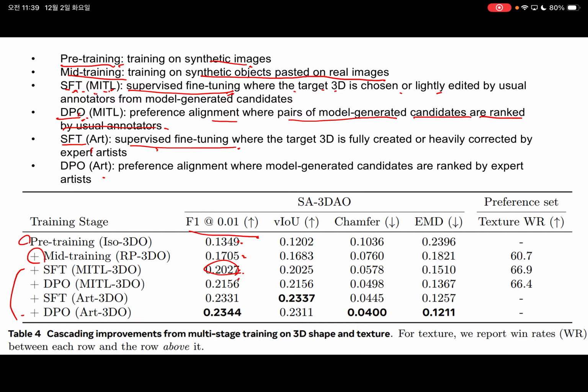We make a rank from candidates from the model's reconstruction and then use such rank information as an additional fine-tuning signal. Then the F1 score increases. And here the remaining things are done by artists. The F1 score increases, so that using all these training stages, it finally reached 0.23, which is much better than the initial pre-trained one, pre-trained only on synthetic images.